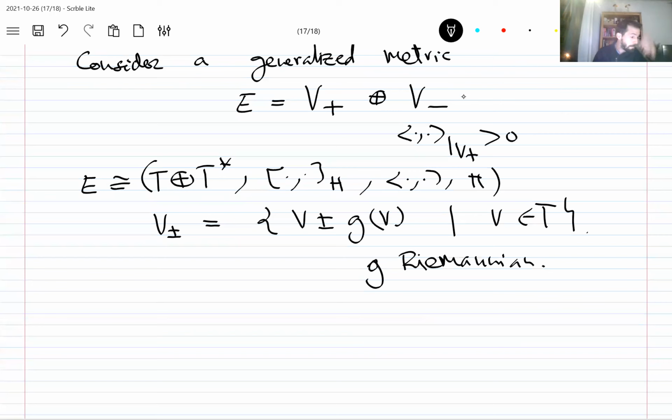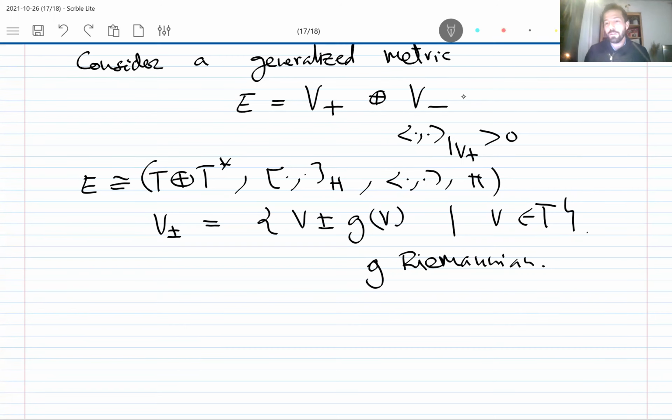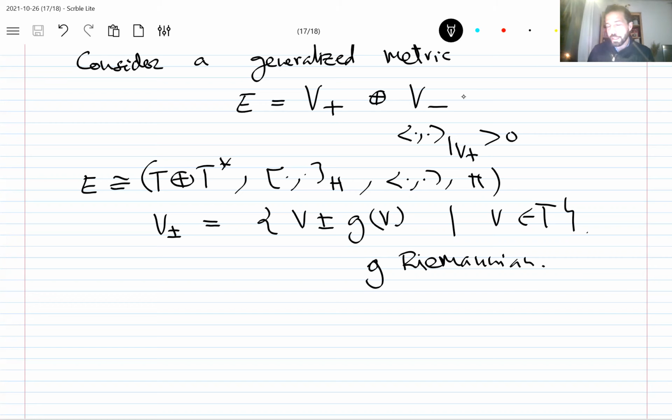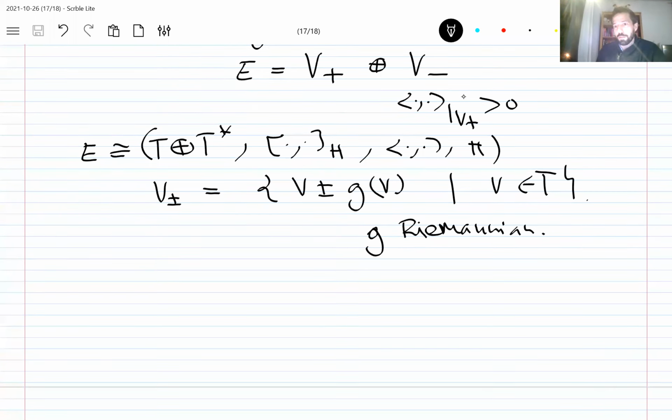Now, with the thing we said before, there is a natural compatibility condition between generalized metrics and the complex structure. And this leads us to pluriclosed metrics.